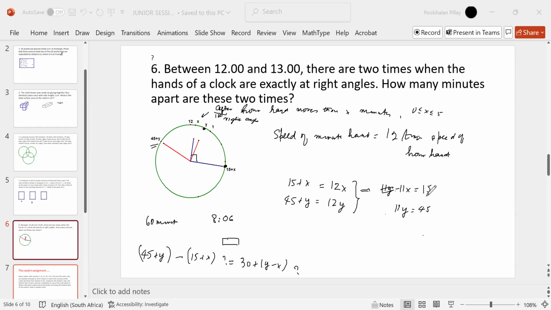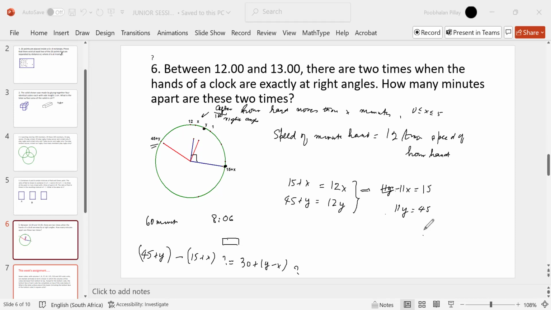That's very nice. X is slightly more than 1 minute, 1 and 4/11 minutes. That's understandable. It's just traveled 1 and 4. Altogether, it will travel 5. And then the second time, it is at slightly more than 4. 11y equals 45, so y is 4 and 1/11. So it's still before 5, but that's where that is.